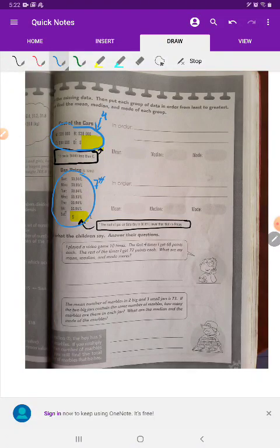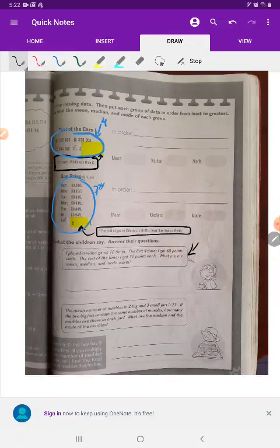Okay? Now, these last 2 questions here are very similar to question number 8 in the grade 5 workbook. So if you listened to my explanation on the grade 5 workbook, you know how to do these. If you didn't, then you might have a little bit of trouble with these. So I think you should go and look at the grade 5 workbook in order to solve this. But remember, they're 4 times 68 points.